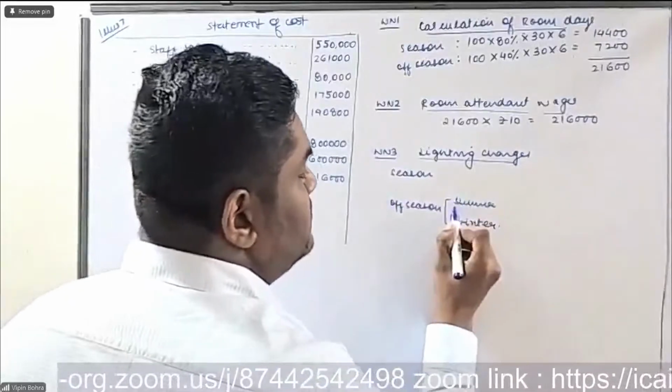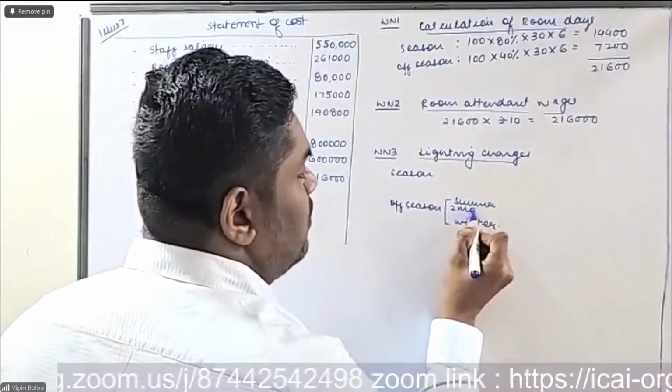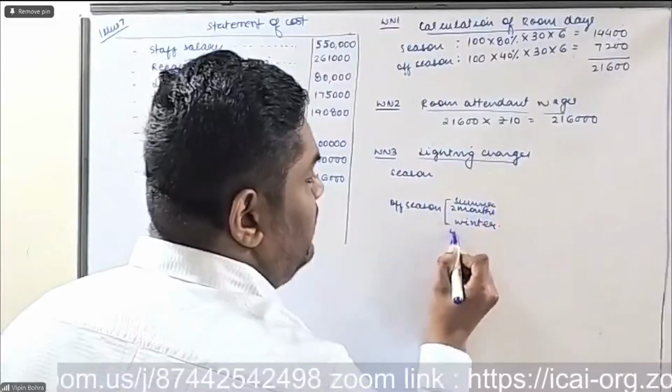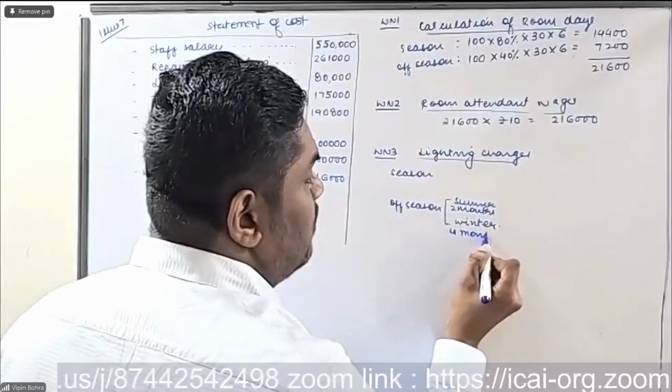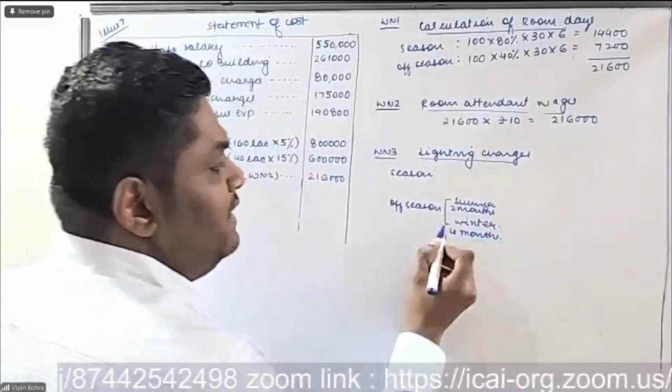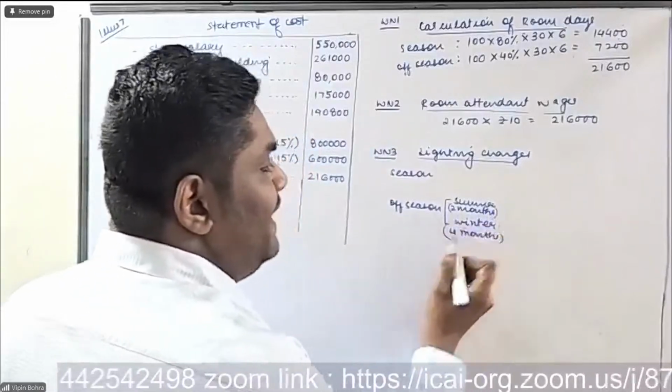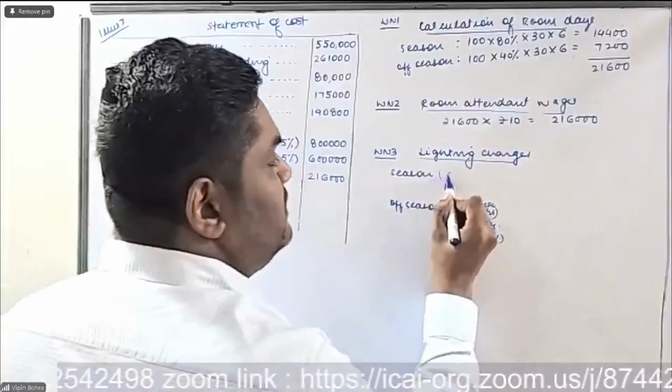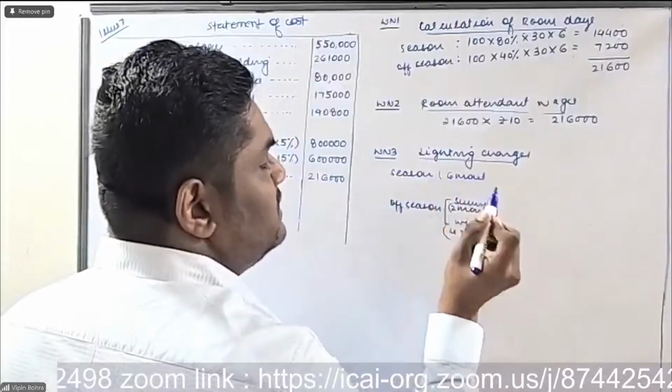So summer, we will say that it is 2 months, and for winter it is 4 months. Because it is given in the question that 4 months is winter, so balance will be summer. And again for season, it will be 6 months only, that is summer.